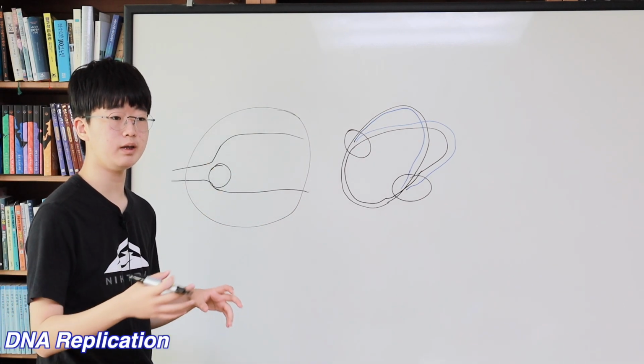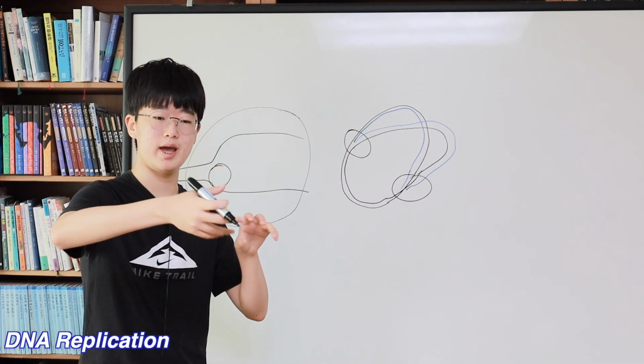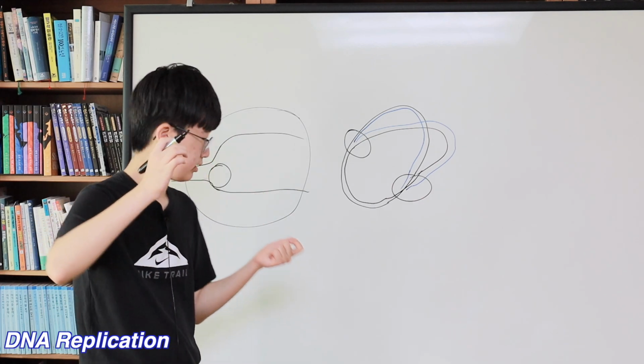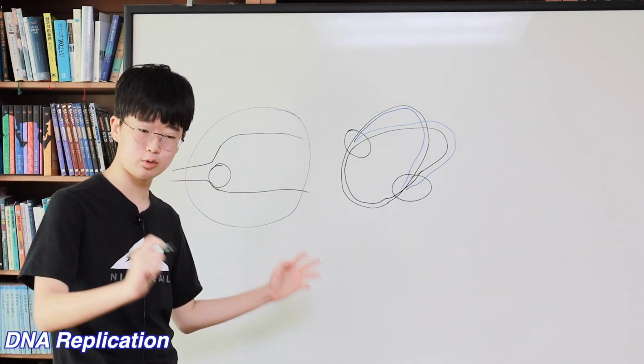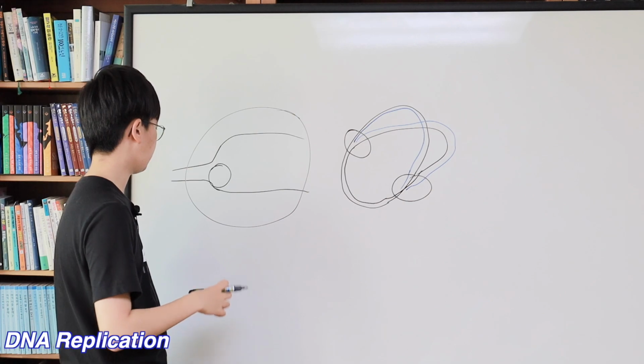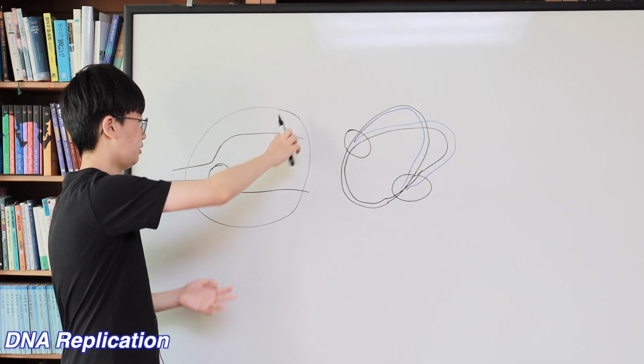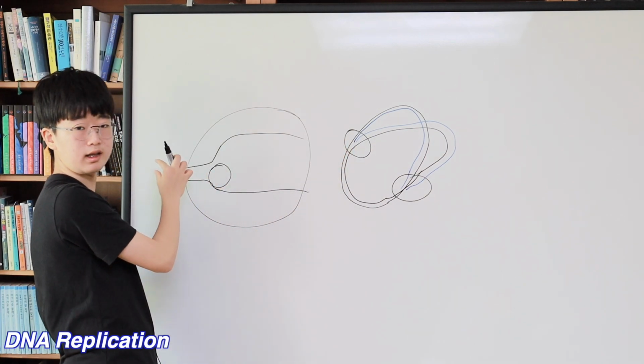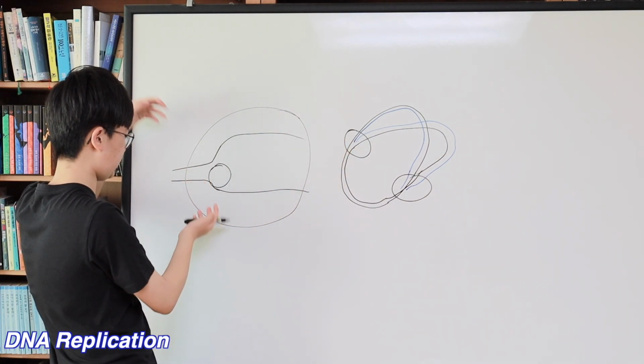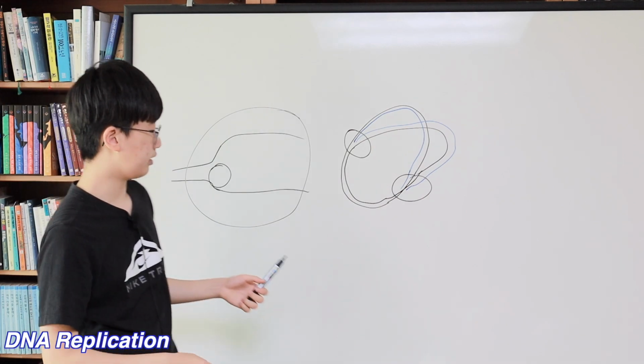The helix shape is twisted back down so it is not twisted, and then it is cut open like this. When it was like this, it was all hydrogen bonded to each other.